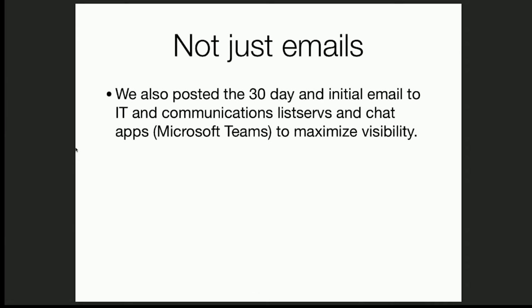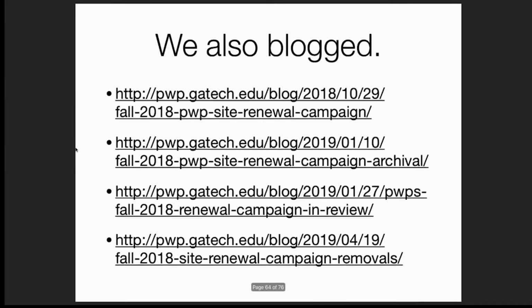And of course, as part of that, we also maximized a lot of our communication strategies across campus. Georgia Tech primarily leverages listservs and applications like Microsoft Teams to maximize visibility. So we leverage those platforms to pass on as much information as possible to a broader community in a collaborative way, to share that knowledge and find anyone that wants to adopt a website, for example.